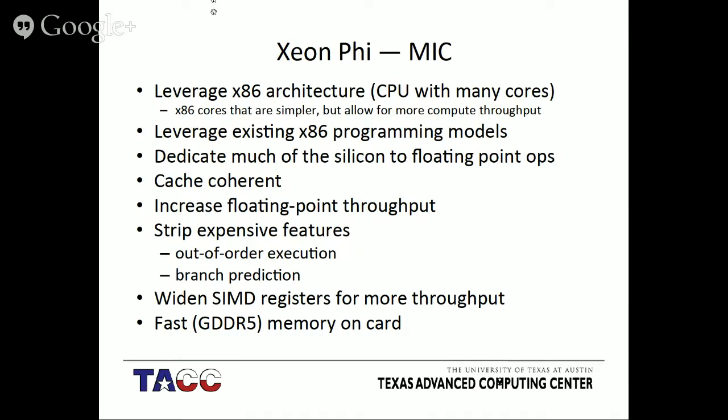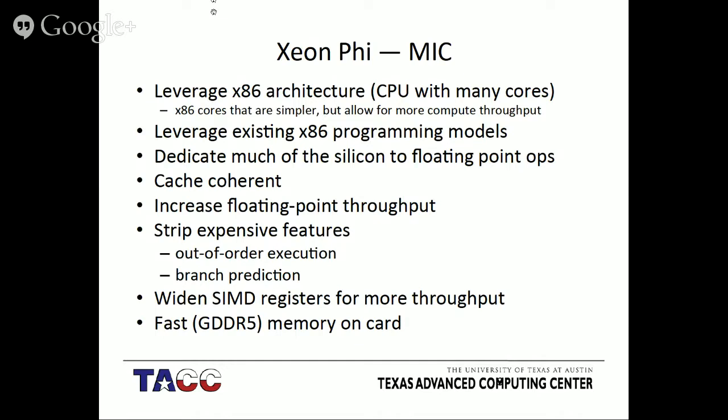But here, there's cache coherency, so you can use what you know from the host, in particular OpenMP. And we will see that using threads on the device is very, very important. So you cannot just run only MPI tasks on that card, but we get to that in a minute.